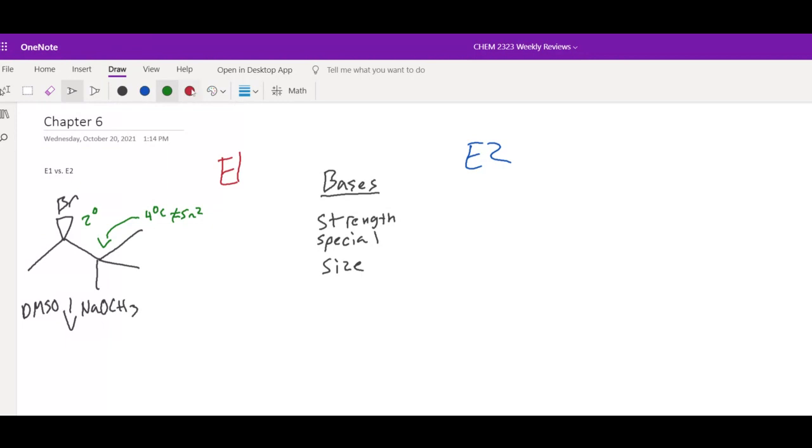Now let's take a look at our reagent. It looks like this is a strong nucleophile as well as a strong base. SN stands for strong nucleophile, SB stands for strong base, and this is a polar aprotic solvent. So all these factors are pushing towards SN2 except for the fact of steric hindrance.